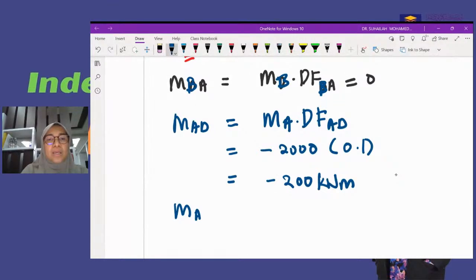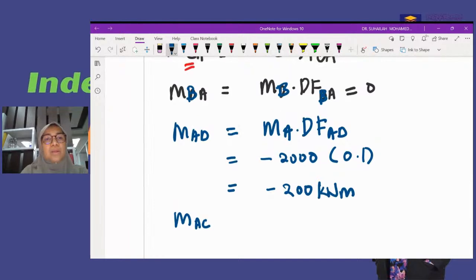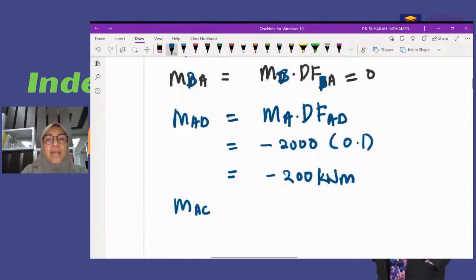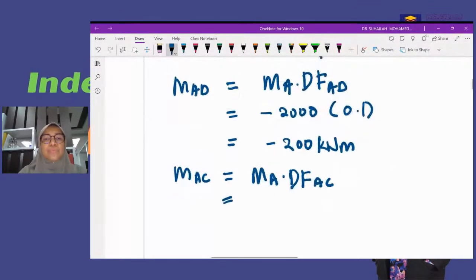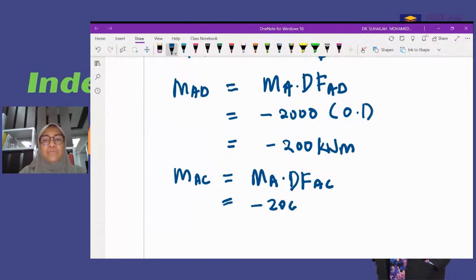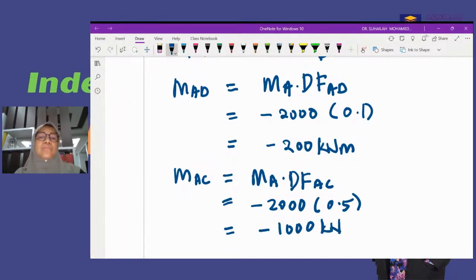MAC is M at joint A times distribution factor AC. So this is equal to negative 2000 times AC, which is 0.5, so it is equal to negative 1000 kilonewton meter.